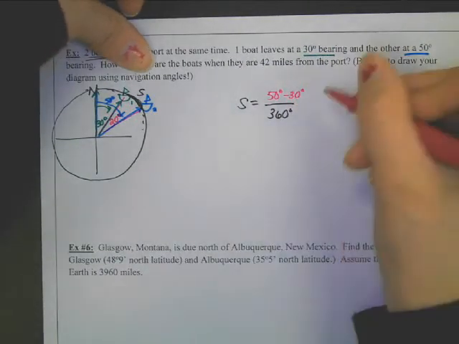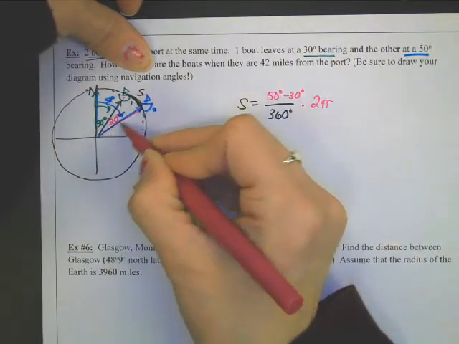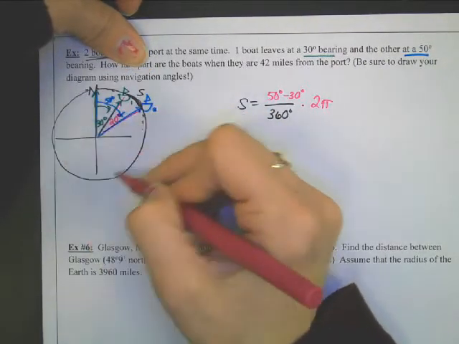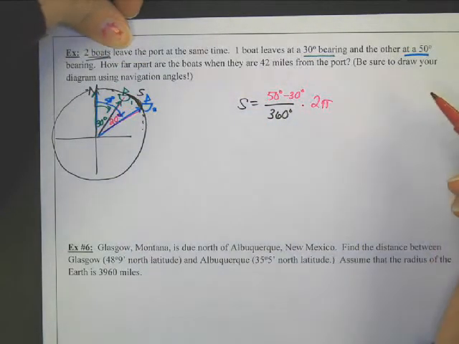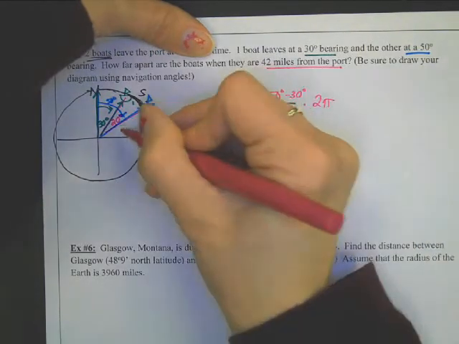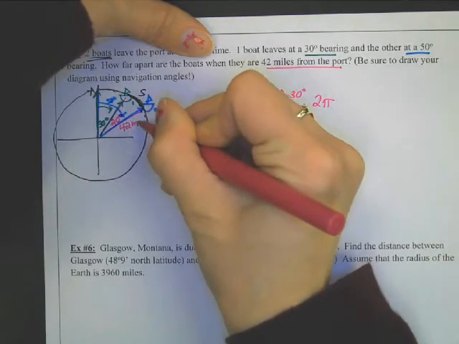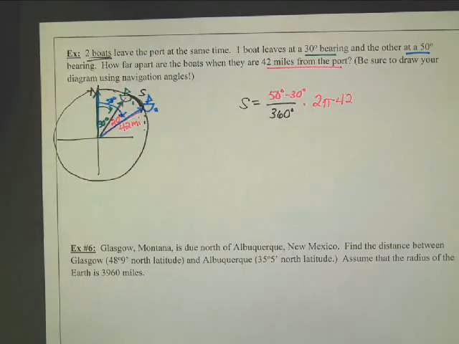Okay, so we've got angle out of 360 times 2 pi r. Oh, wait, I need the radius of the Earth. Oh, no. Oh, 42 miles from the port. I'm sorry, 42 miles. There we go. 2 pi 42.